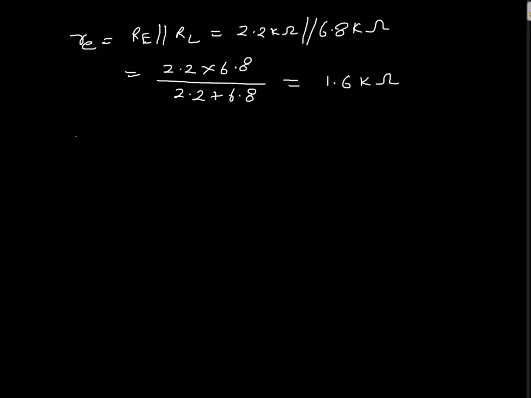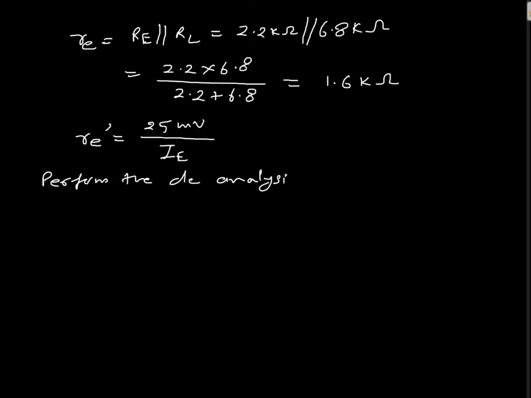Now RE prime. What is RE prime? RE prime is 25 millivolt by capital IE, where capital IE is the DC emitter current. Now to find this capital IE, we need to find the DC values. So we are going to perform the DC analysis.